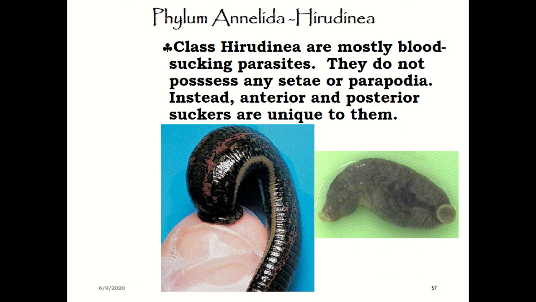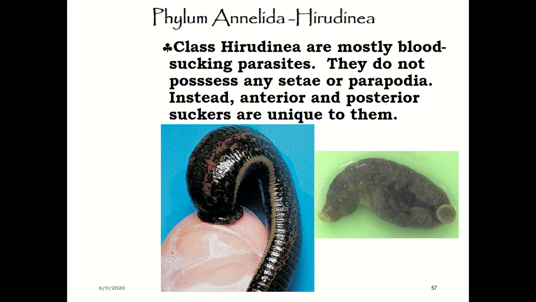Meanwhile, the class Hirudinea under the phylum Annelida are mostly sucking parasites such as the leech. Leeches do not possess any setae for movement, such as the earthworm, and they also do not possess parapodia that you can find in Polychaeta.